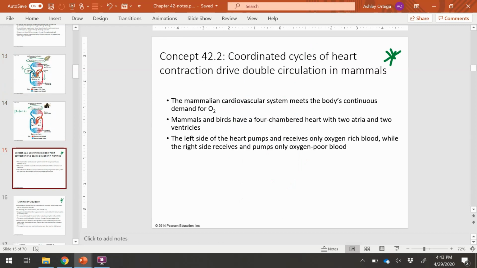Alrighty. So now we're going to take a look at how the double circulation and heart contraction drives the cycle in mammals. And so this is going to meet the body's need for oxygen at all times. And we'll see how the mammals and the birds have the 4-chambered heart, 2 atria and 2 ventricles, and the left side of the heart is going to pump oxygen-rich blood, whereas the right side of the heart is going to receive oxygen-poor blood.